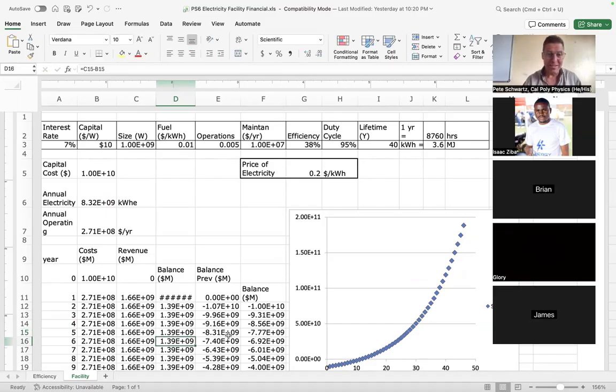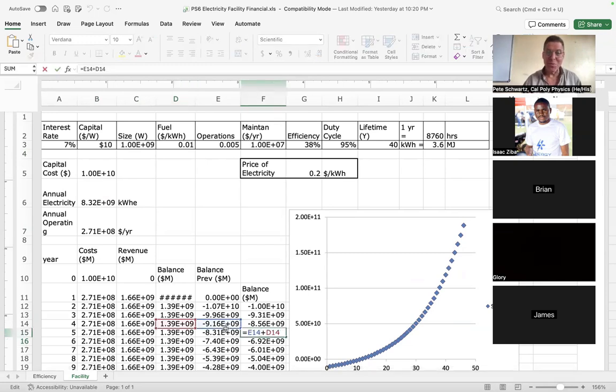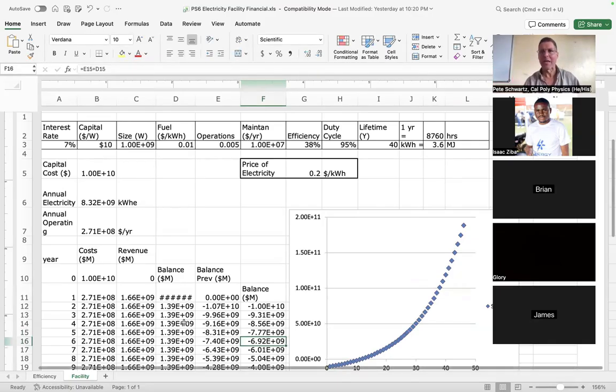And my balance, how much money I have in the bank, is how much money I had in the bank last year plus the change that I got this year, right? And so we continue to go through from year to year to look at how much money I have in the bank right now.